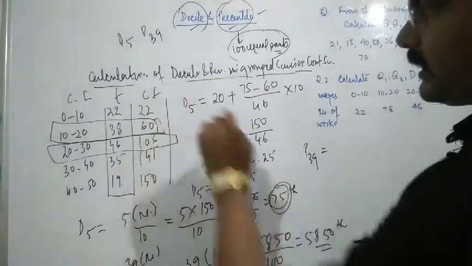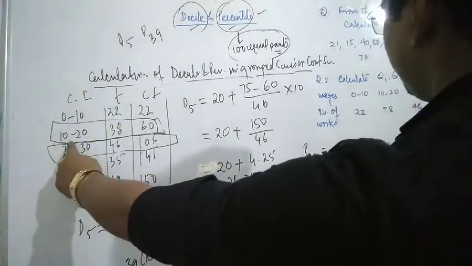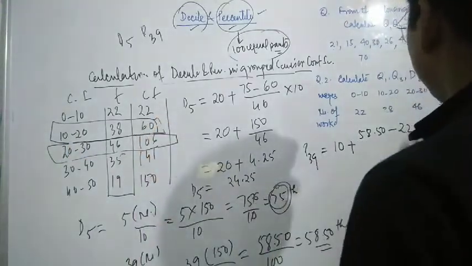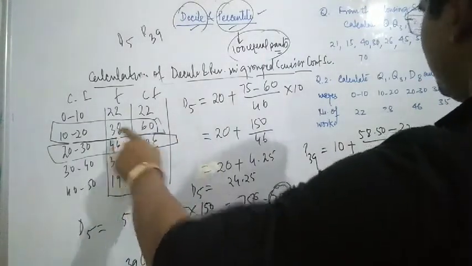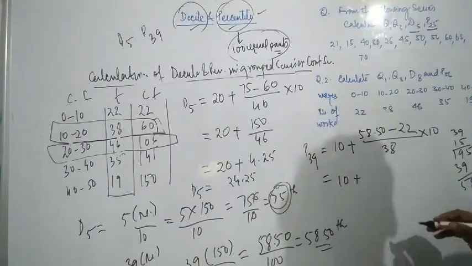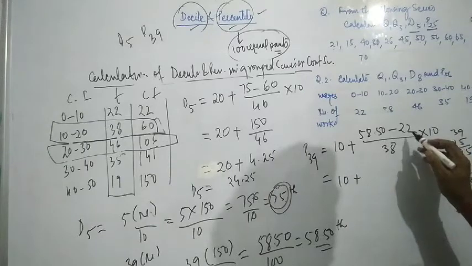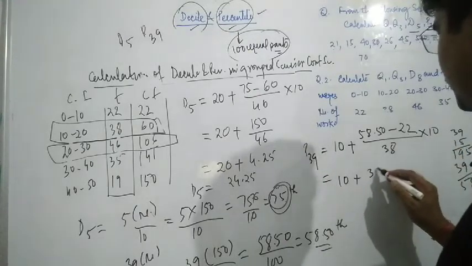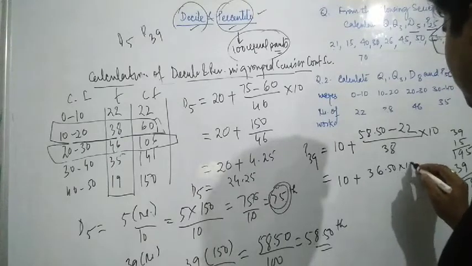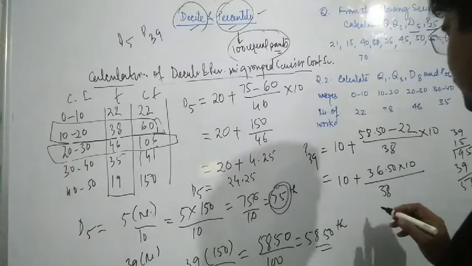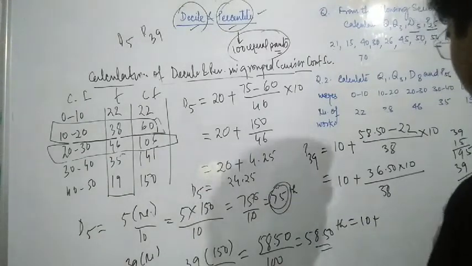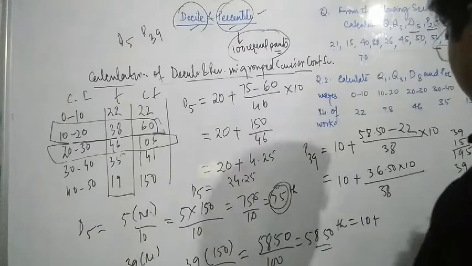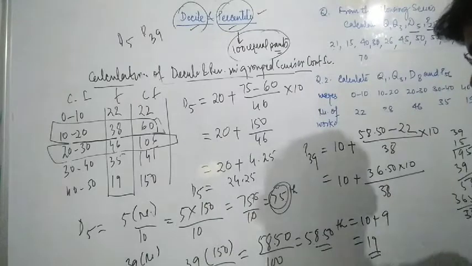So we check where it exists in the cumulative frequency table, in this class interval. The L1 of this class interval will be 10, and it is 58.50 minus CF, which is 22, upon frequency 38 into 10. So 10 plus 36.50 into 10 upon 38, approximately 365 upon 38, which is approximately 9.6. So the P39 value is about 19.6.